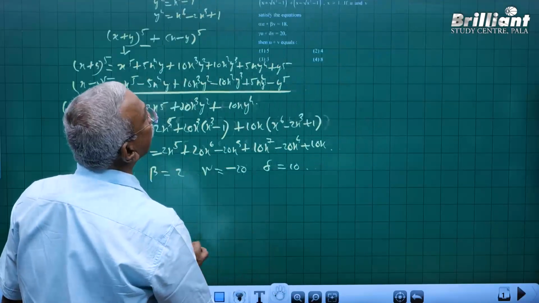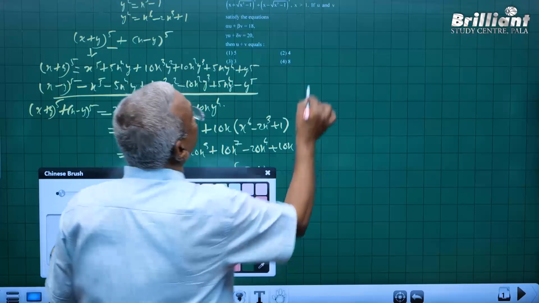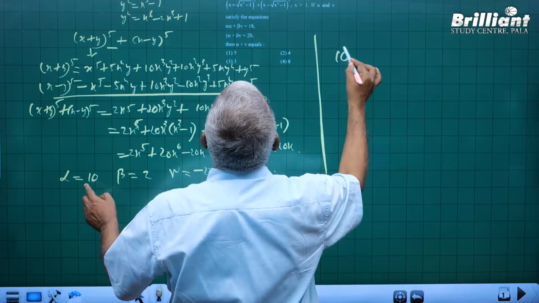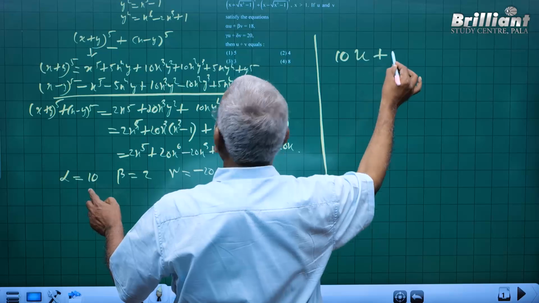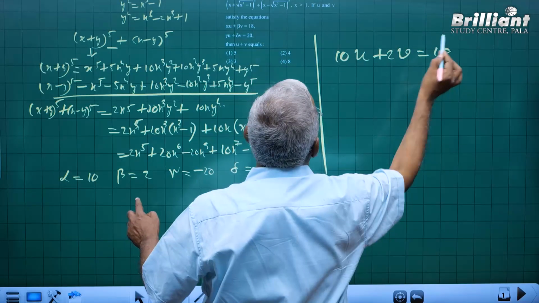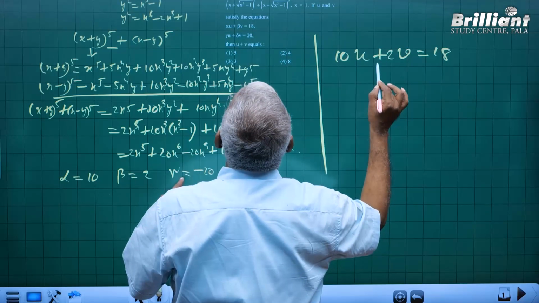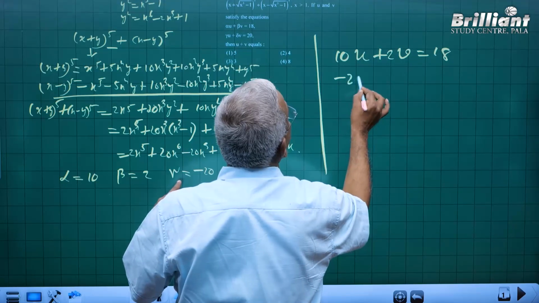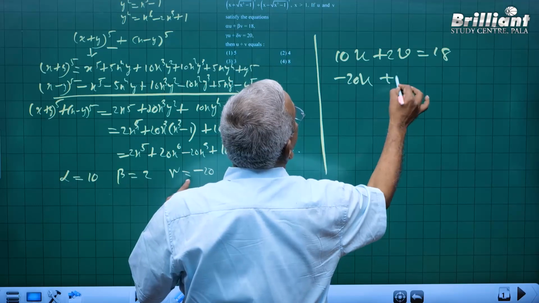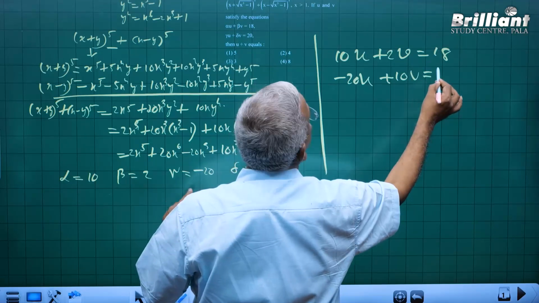Now we can frame our new equations. Using that, we have alpha 10 u plus beta 2 v equal to 18, and gamma, that is minus 20 u plus 10 v equal to 20.